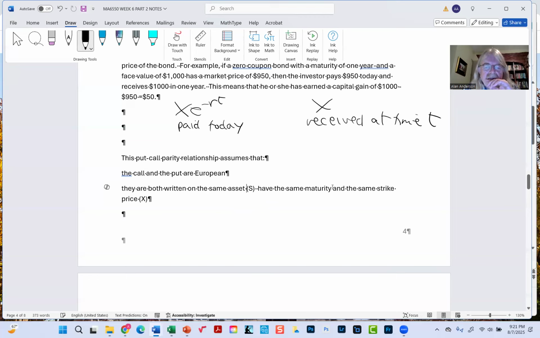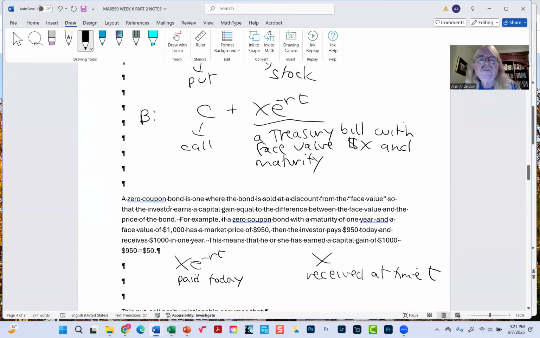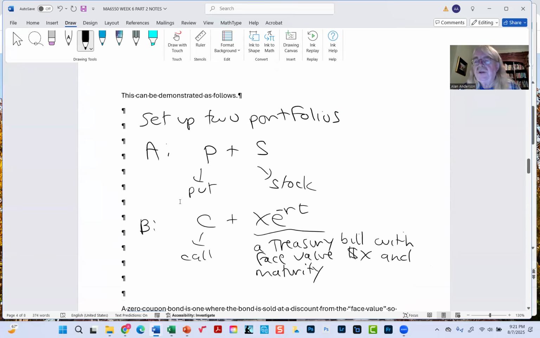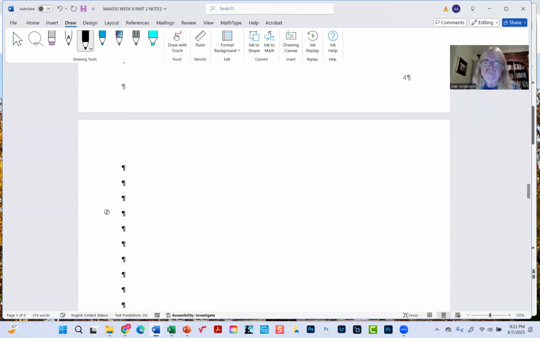S, same asset, the same maturity T, the same strike price. Okay, without that, then none of this works, by the way. All right, now, here's the question. Why does this relationship hold? Well, here's my two portfolios. So what I'm going to do is set up a little table here.